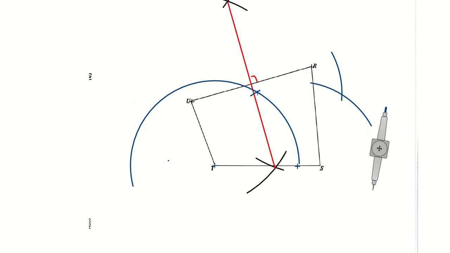So my 30 degrees is going to be somewhere here. Hold on, no, this is incorrect.